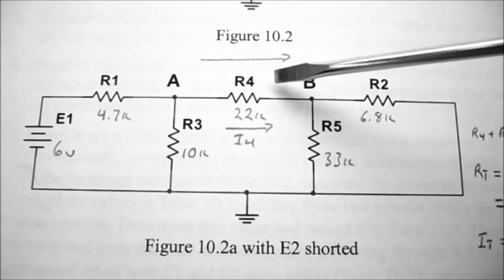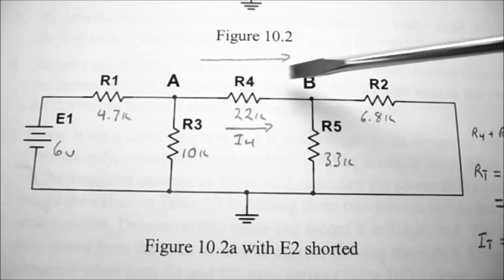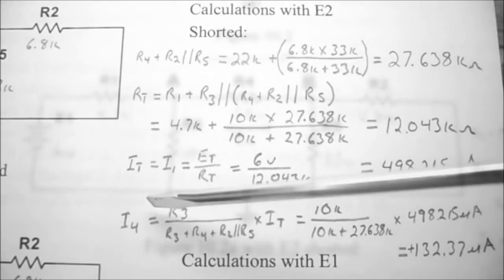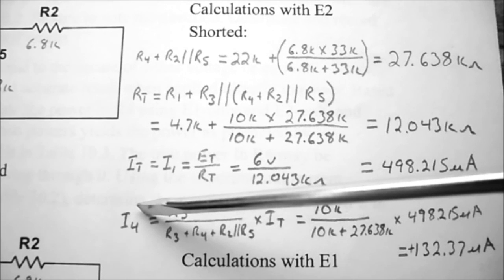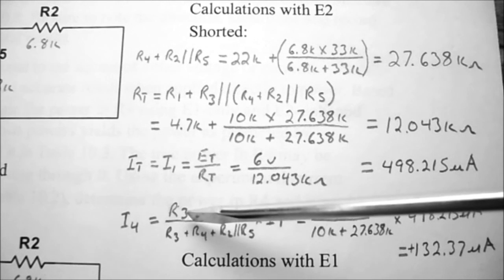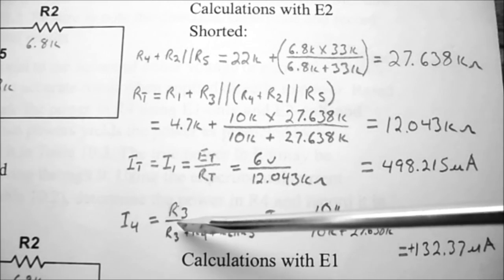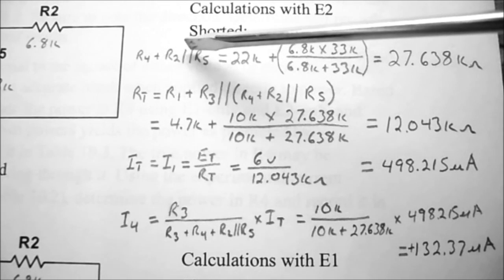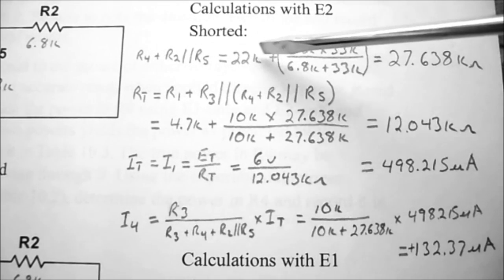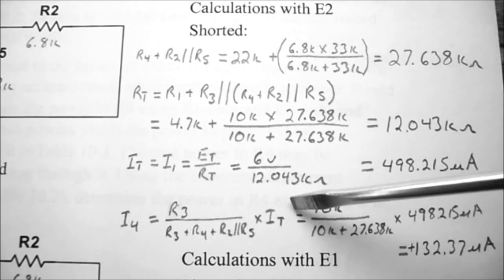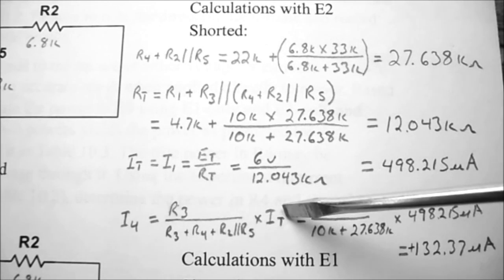So we've calculated this earlier as being R4 plus R2 in parallel with R5. So to calculate I4, we're going to take R3 divided by R3 plus the R4 plus R2 in parallel with R5 that we calculated earlier as 27.638K ohms times the applied current, or I1.